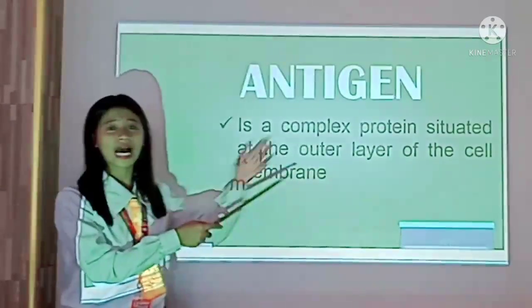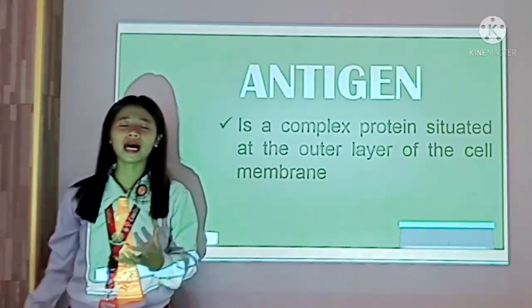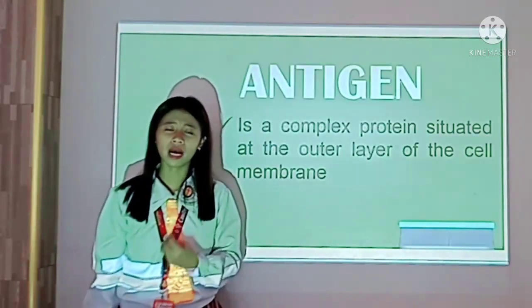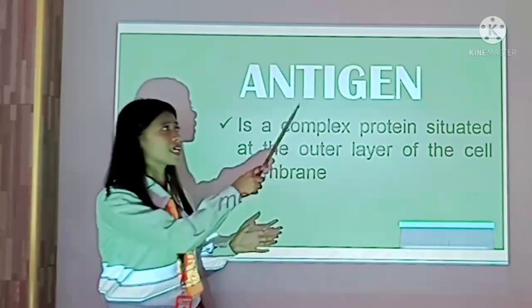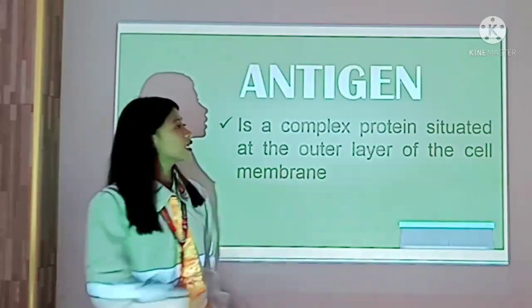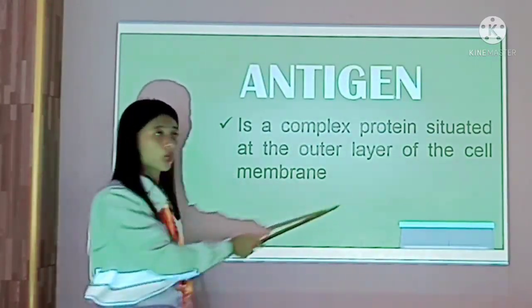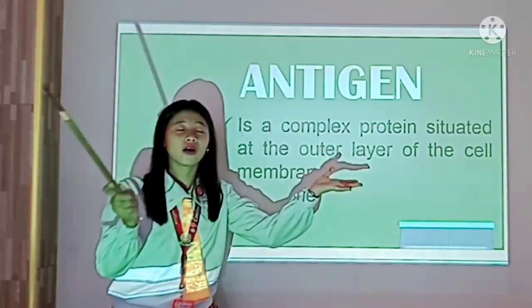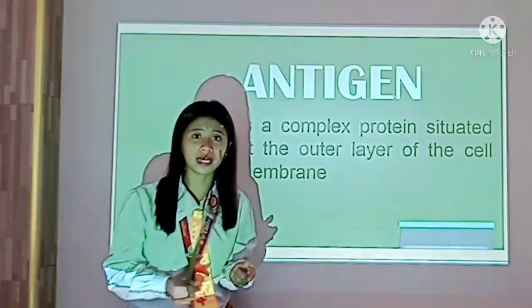Okay, this antigen is responsible for our blood groupings. Kung ano nga ba yung blood type na meron tayo. Because this antigen is situated, like what I said earlier, at the outer layer. Okay, when we say outer layer, we also call it the surface of our blood.